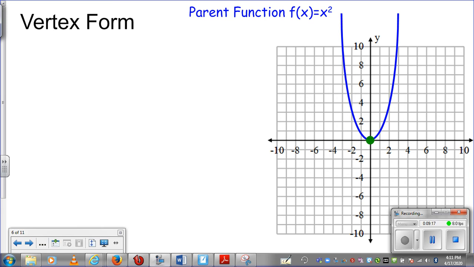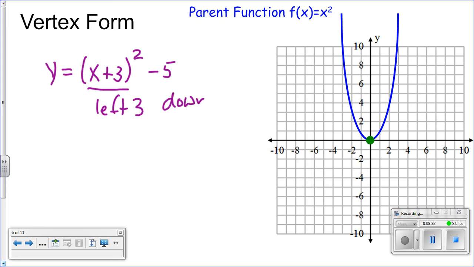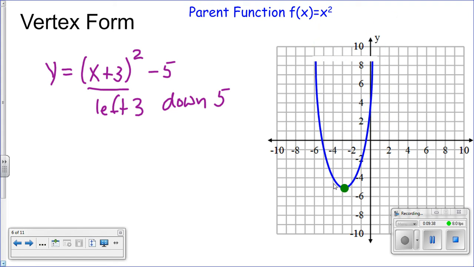The cool thing about vertex form, if I give you an equation in vertex form, say y is equal to (x plus 3) whole thing squared minus 5, then this tells me that this is going to go left 3, and this tells me it's going to go down 5. So if you want to know what this is going to look like, it's going to go left 3, down 5, right there.